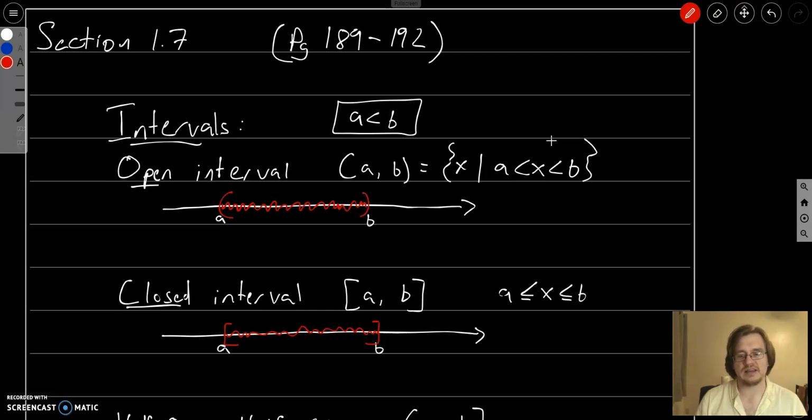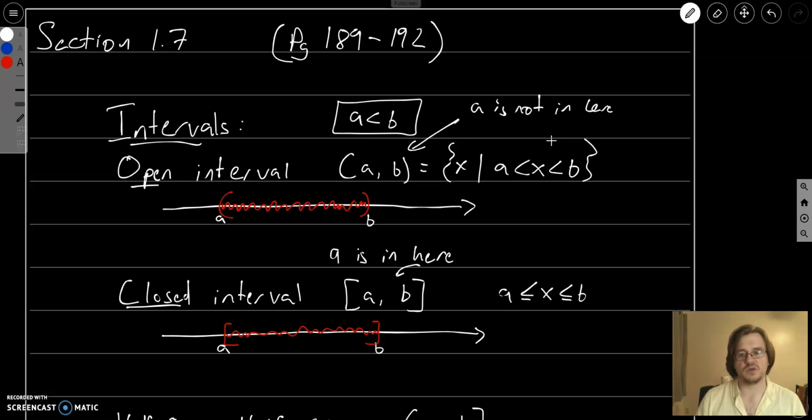So a itself is inside of here. But in the open interval, a is not in here. So the difference between these sets is whether or not the endpoints are included.